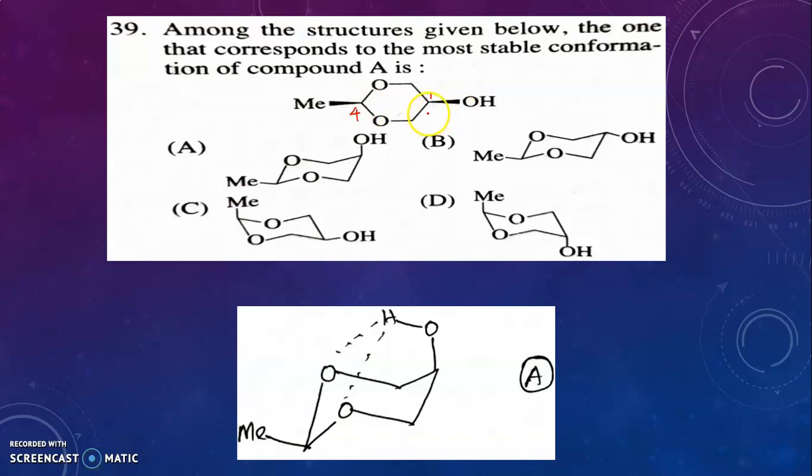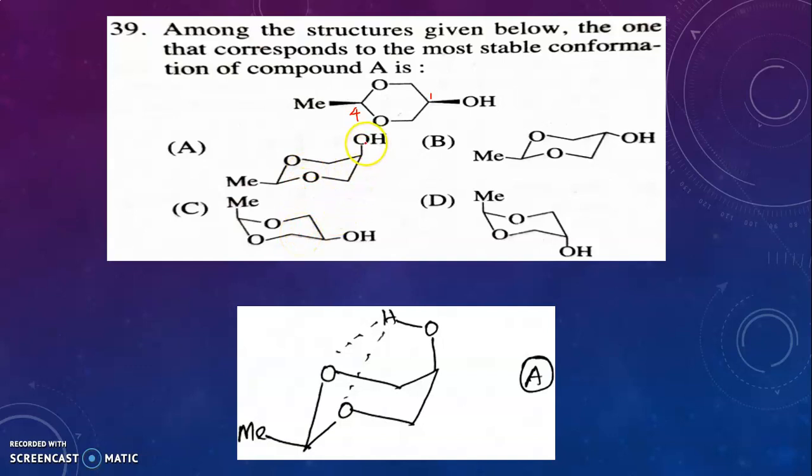In 1,4 cis, one group should be axial, the other group should be equatorial. So if we place the methyl group in equatorial and this OH group in axial, this is one possible conformation. This will give cis. Here both groups are equatorial, this is trans, and this is another cis. This is again trans.